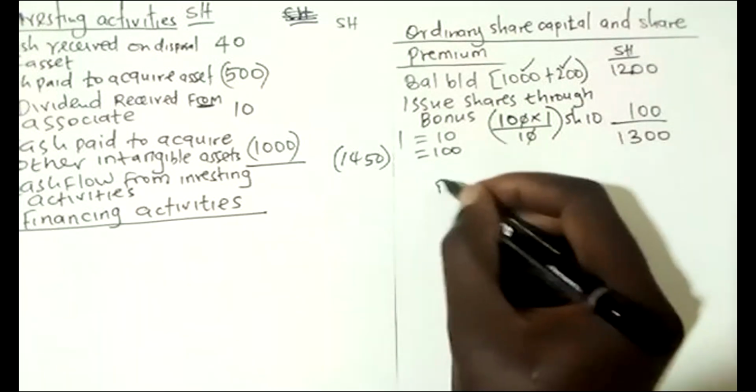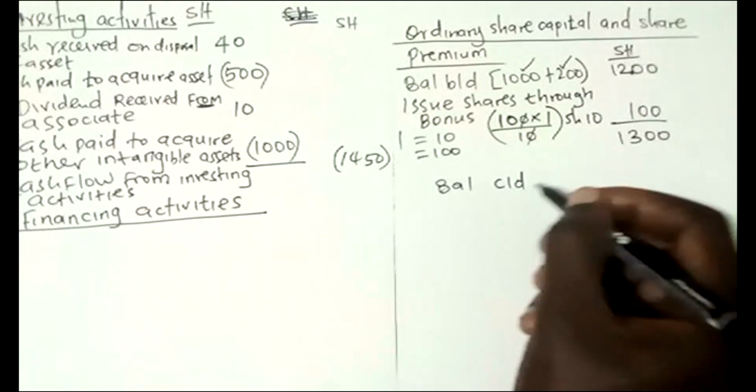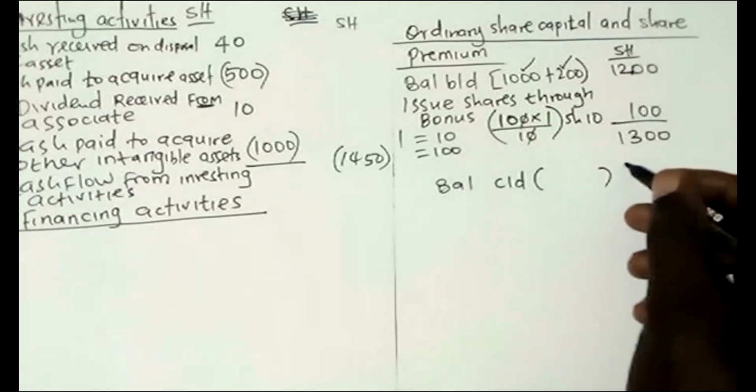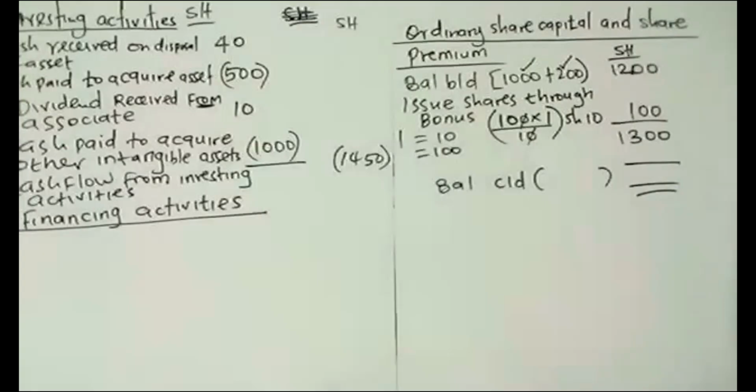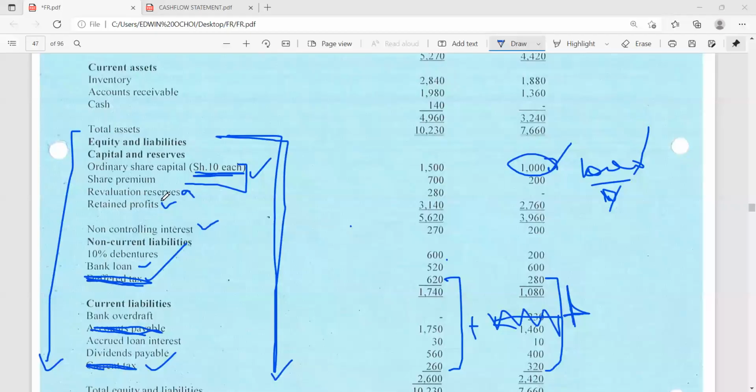I compare with what we have as our balance carried down for the ordinary share capital and share premium. So our balance carried down is 1,500 plus 700.